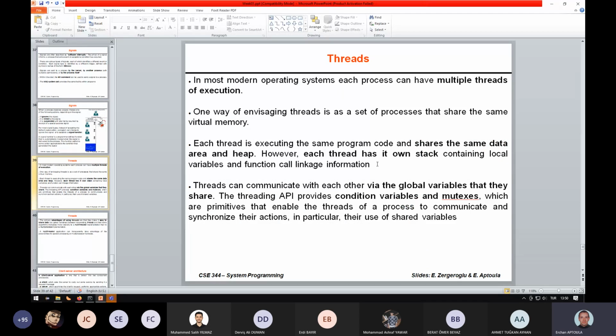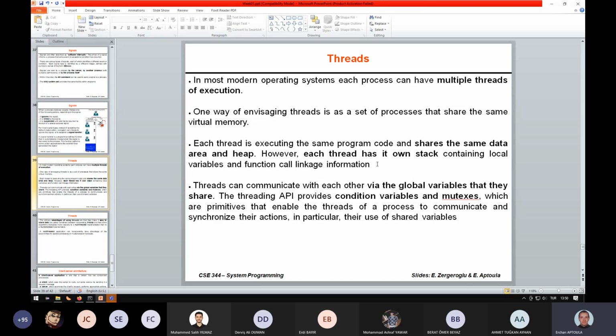Towards the end of our semester, we will also talk about threads, which enable us to have multiple flows of execution under the roof of the same process. Because the alternative is to have multiple processes. Of course, we can have multiple processes. We can have 2 of them, 4 of them, 10 of them, 20 of them. You can have as many processes as you want. And all of them can be executed in parallel.